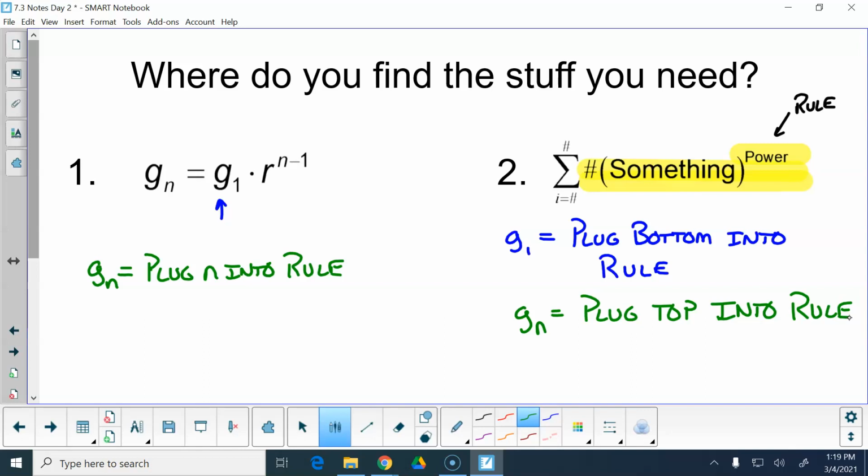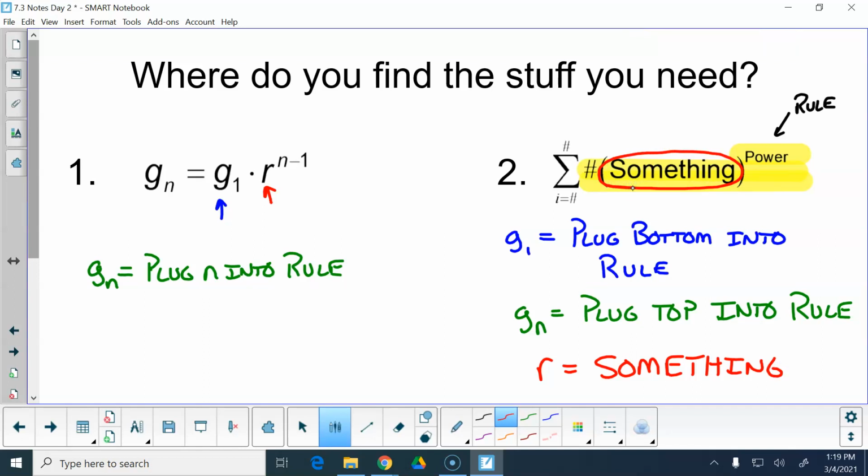We need r. R is right there. In sigma notation, r is this something right there.